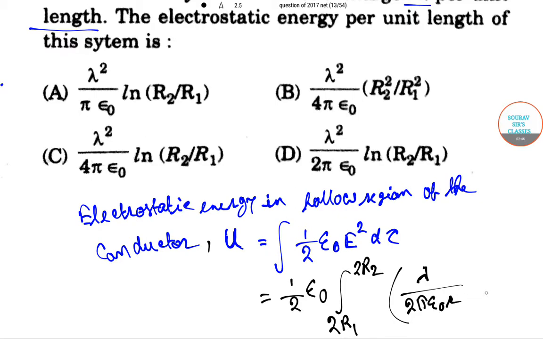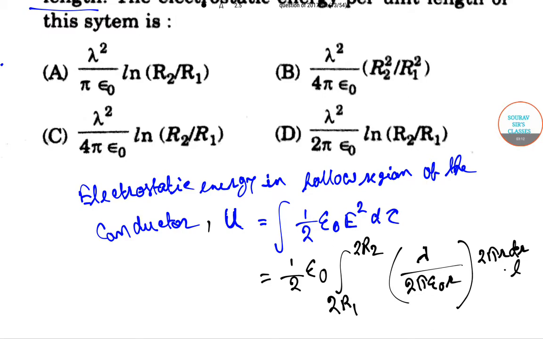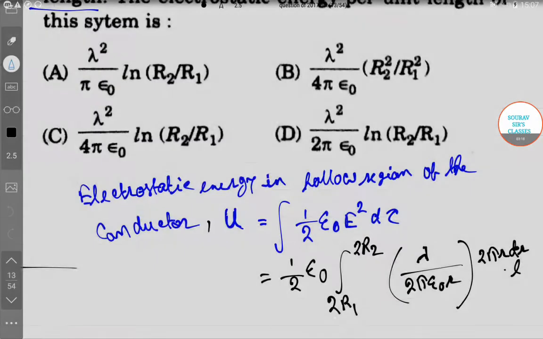As the permittivity of the vacuum is epsilon 0, this is lambda divided by 2 pi epsilon 0 r, into this volume element, which is 2 pi r dr into L. L is the length.